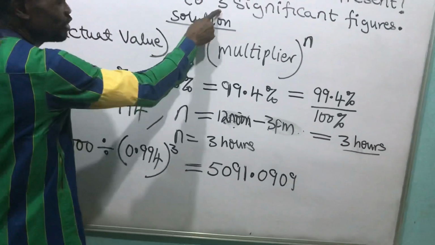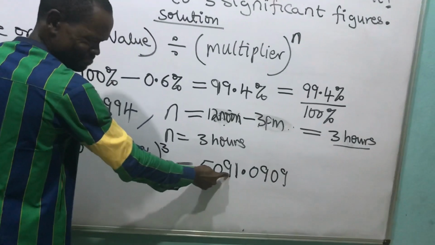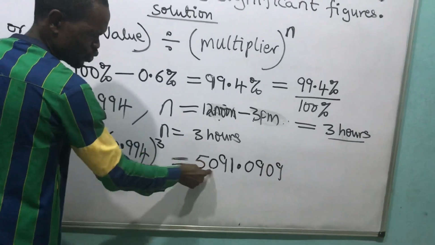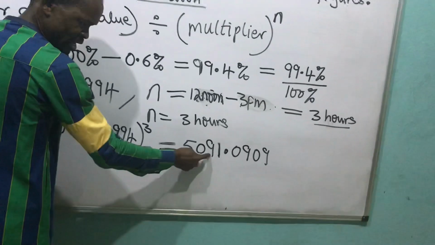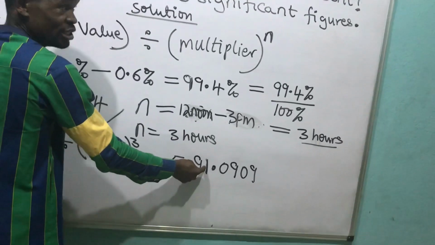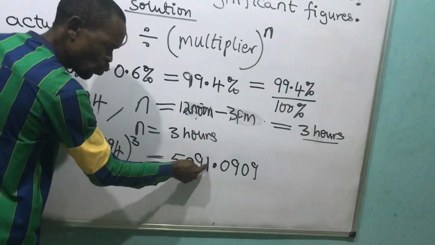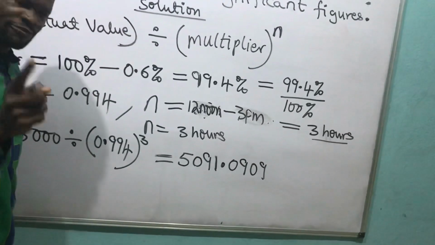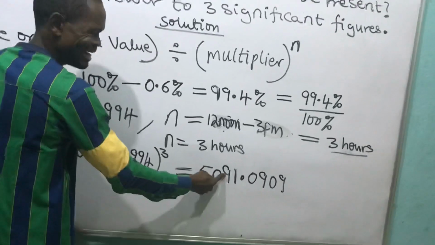Then what they told me is to leave it in 3 significant figures, so I count 1, 2, 3. You get what I'm saying? 1, 2, 3. I think you have seen the reason why I count the 0. Then this digit is out of the range, because they said I should get 3. This digit, which is 1, is not up to 5. If it is up to 5, I will round it up and add it to this 9.